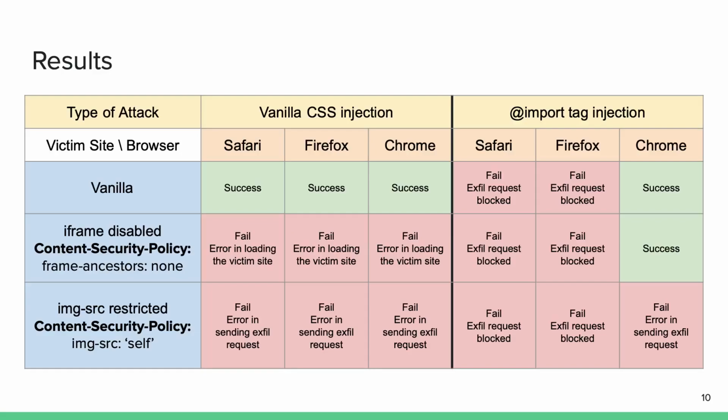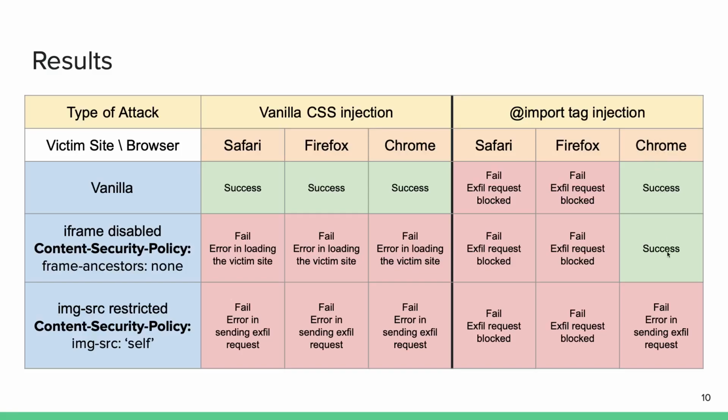Here are the results of testing these two attacks on Safari, Firefox, and Chrome. Vanilla CSS injection works on all 3 browsers as long as they do not have iframes disabled or image source restricted. On the other hand, import tag injection only works on Chrome, since it is the only browser that supports sequential evaluation of the style sheet in real time.